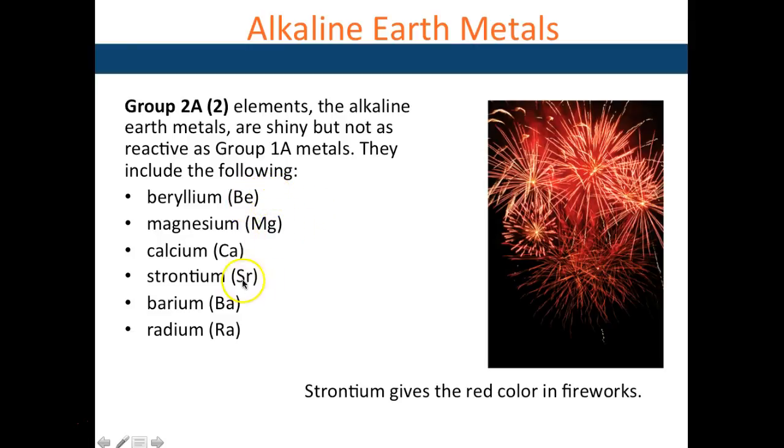These are also very reactive metals, but a little less reactive compared to the alkali metals. You can have them out on a shelf and they won't react with the moisture from the air. They do react with water, but only when water is in the vapor state, as in steam. Then they can react with water.